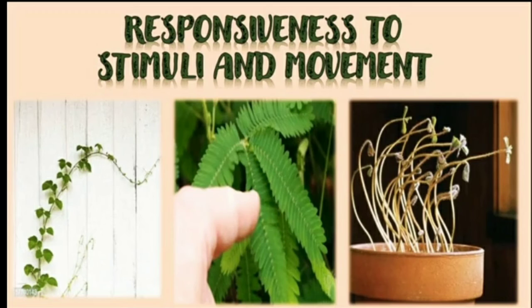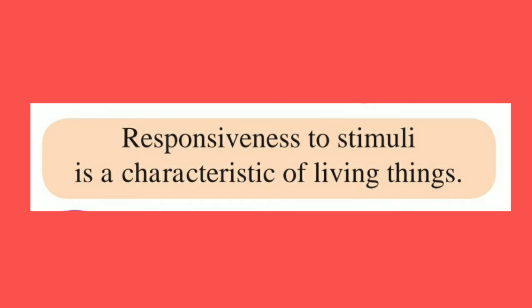Are you getting me, children? For example, a light is suddenly flashed into your eyes. That is a stimulus. And what are we doing? We are closing our eyes at that time. So we are responding to that stimulus. So this ability of living things to respond to a stimulus is called their responsiveness to stimuli. So we can say responsiveness to stimuli is a characteristic of living things.